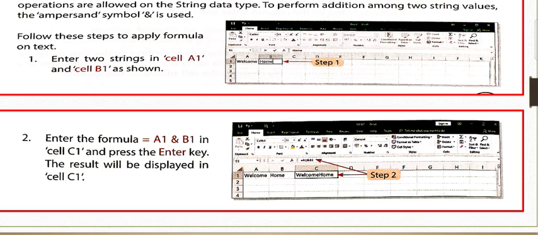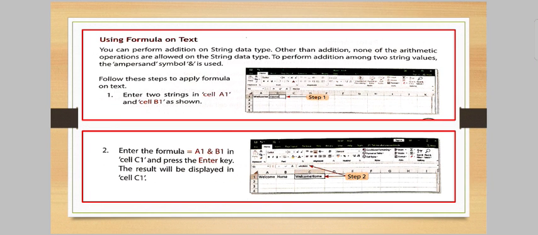In the C1 cell we need to write equal to A1 & B1, then press Enter. The result will be displayed in the cell C1. This is very simple.